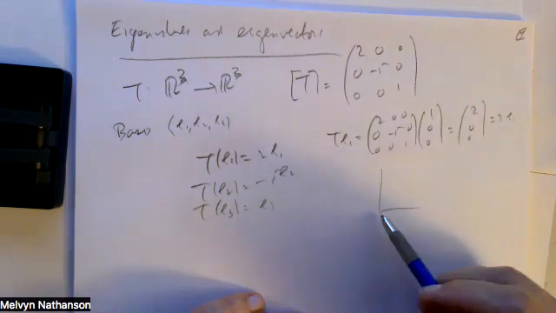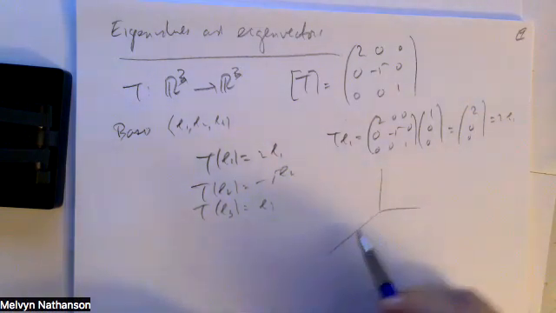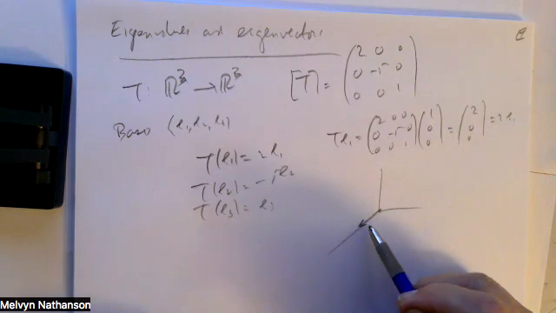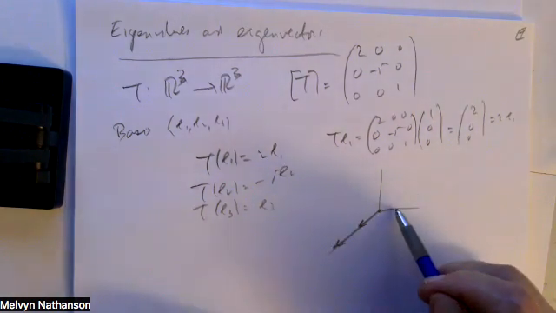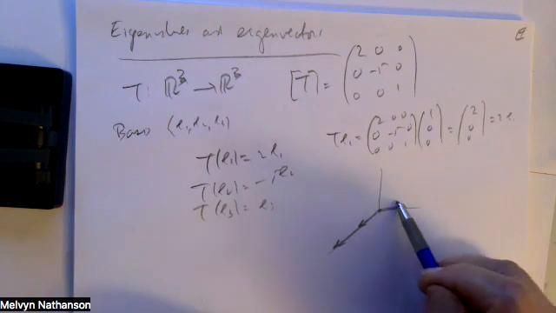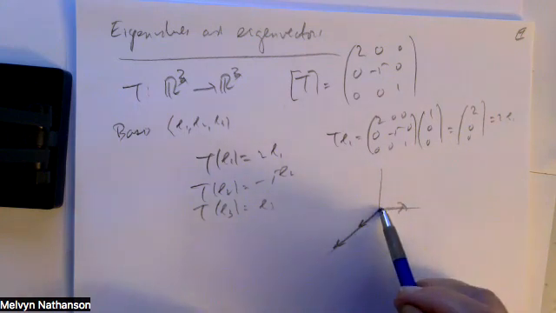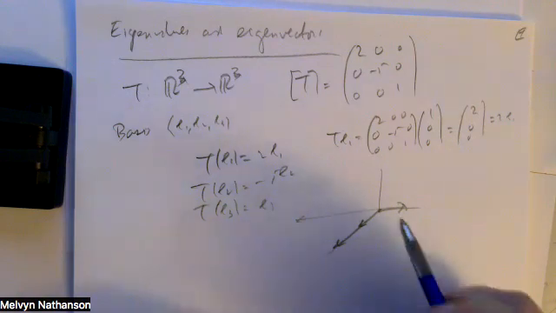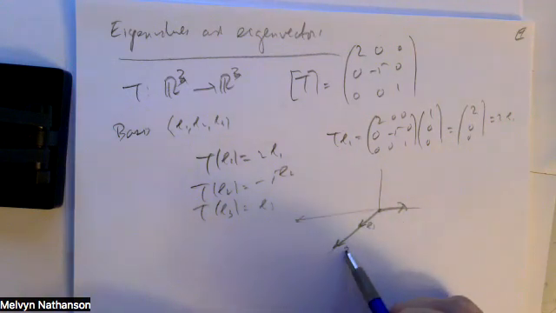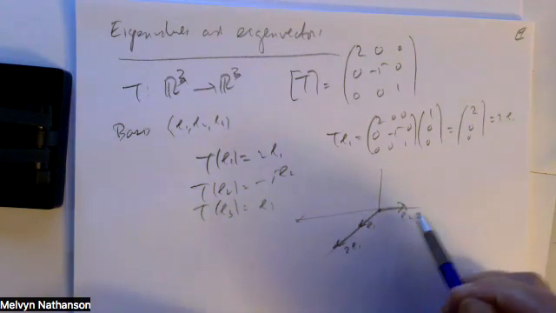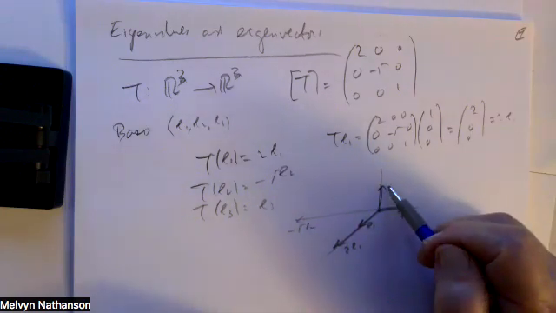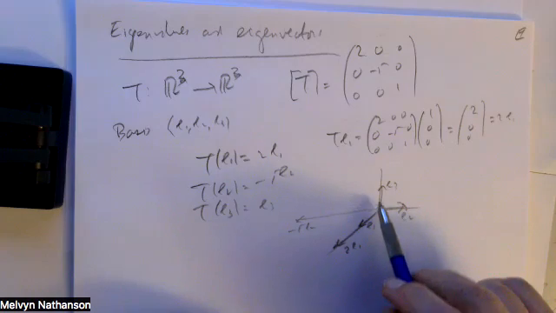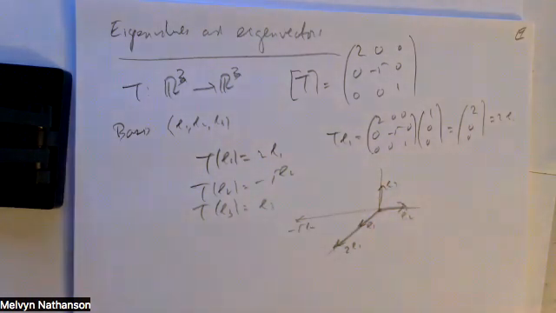So this linear transformation behaves very nicely. If you take the vector E1, it just stretches it by a factor of 2. If you take the vector E2, it stretches it by a factor of 5 and points in the opposite direction. So E1, 2E1, E2, minus 5E2. And the vector E3 just gets mapped to itself, pointing in the same direction.